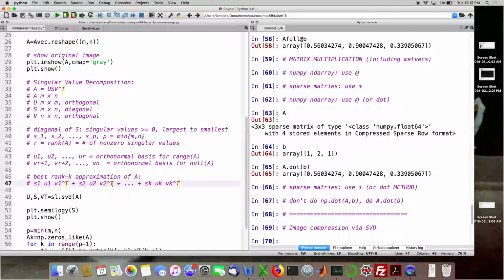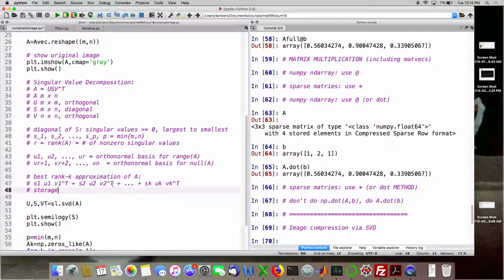Now, what that means is if you let this go all the way out to R, the rank of A, that's all of A. That's exact. So the storage is K times (M plus N plus 1) to store those K singular values, those K left singular vectors and the K right singular vectors, versus M times N. So if K is very small compared to M and N, then you've achieved a lot of storage savings.